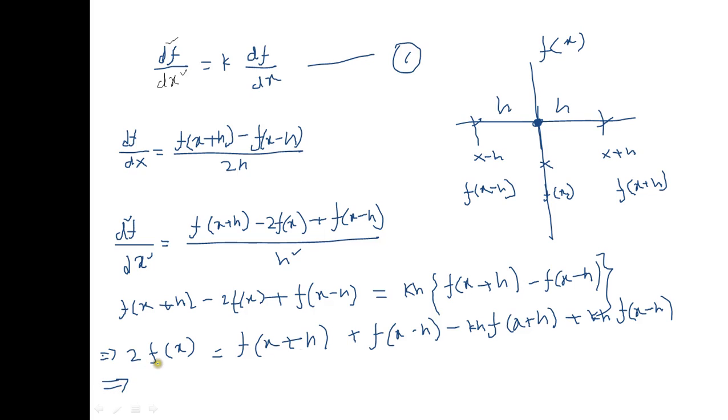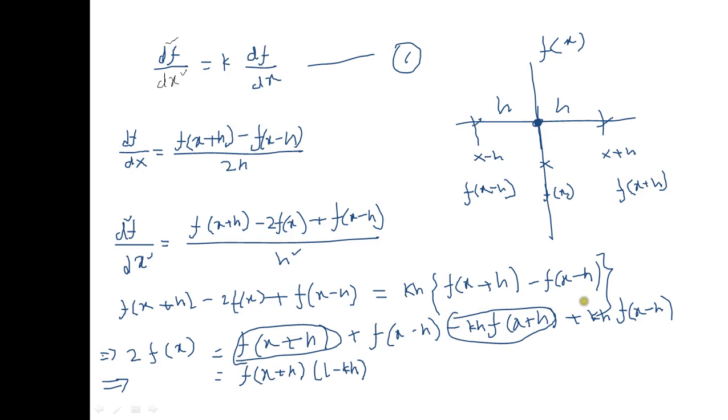So 2f(x), something like this. We can take f(x+a), so we'll get 1 minus k a, from this term and from this term.